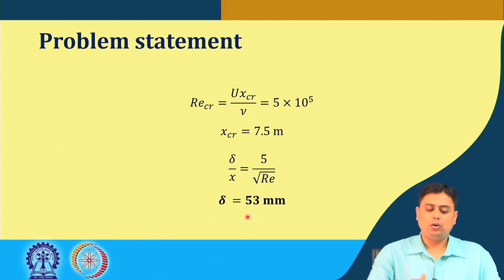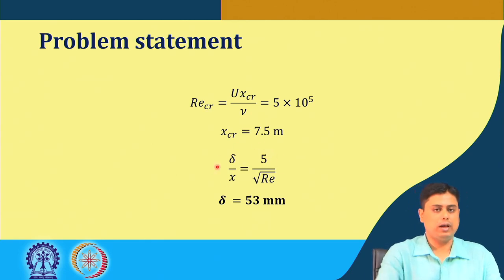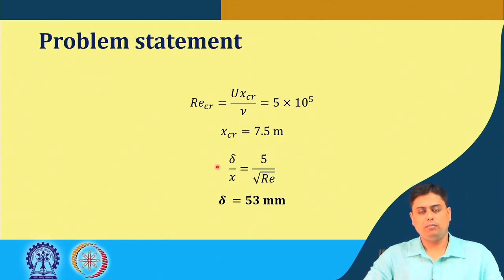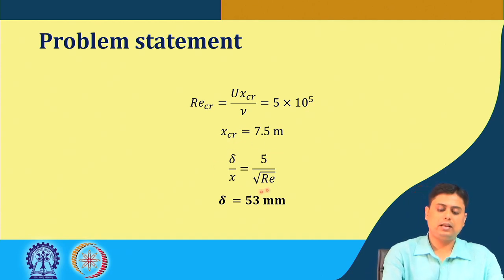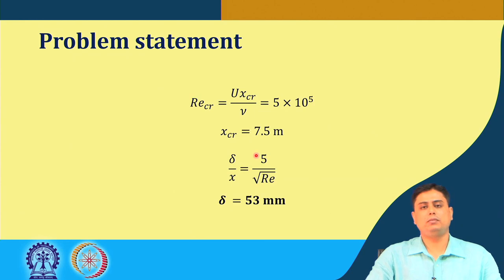Okay. So, this relation you have to remember for such cases, because here no prior information was given on the relation between delta and x. But for laminar flow, this is the relation that has been established and used very successfully for several problems.